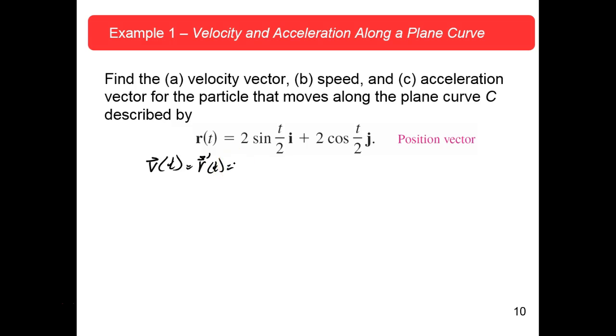And what would that be? You tell me. Okay, I heard cosine. That's sort of true. Cosine of t over 2. There will be an i out there.